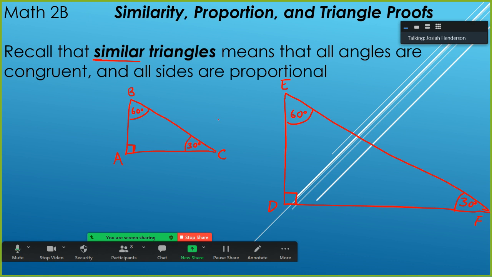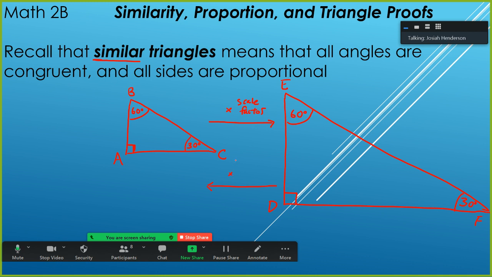And that means that there's some number we can multiply by the little one. We multiply by the scale factor to go from the small to the large. Or we could go the other direction too. It would be a different scale factor. It would be a fraction or a decimal, but there's another number that we could go the other direction.